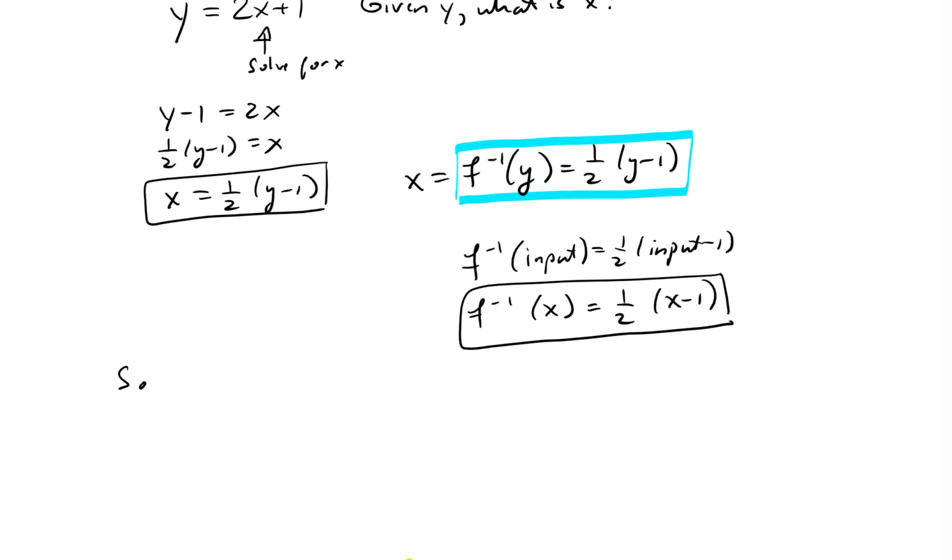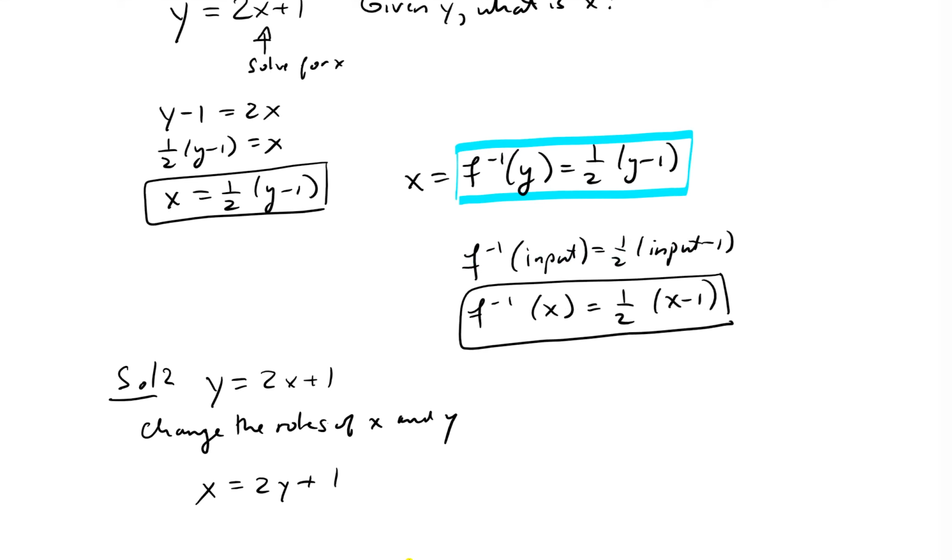Solution 2 here. I know that when I was in high school, this is how they taught me. You've got your equation like this. Solution 2 would be to change the roles of x and y. So in other words, x is now going to be the previous output and y the input. So I'm changing the roles of domain and range essentially, and then you solve for y. So that's another way of approaching the problem.